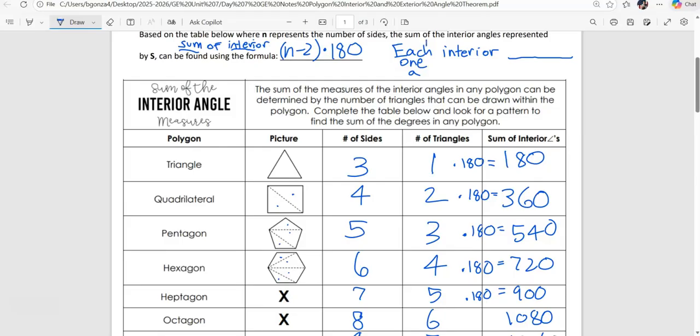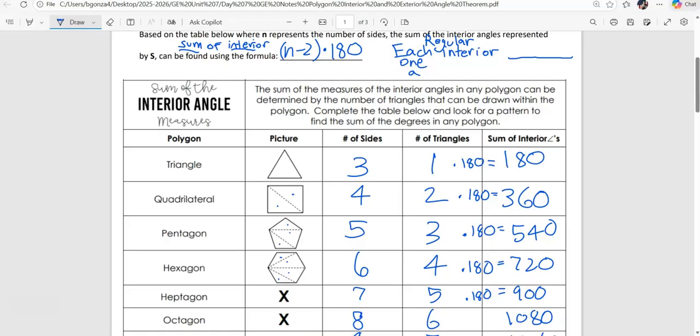Now, one other thing we're going to write here, because for some reason these notes don't have a space for it later. If you have a regular polygon and you want to find just one angle on the inside, you're going to do this same thing, find the sum, but then you divide it by the number of sides, okay? So this is going to be an ugly fraction.